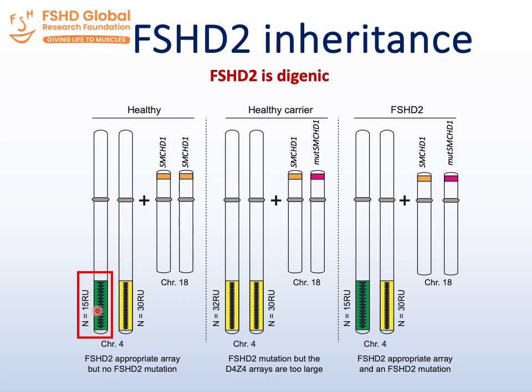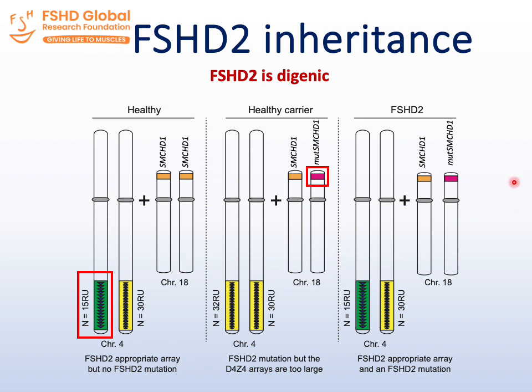It actually doesn't matter what size; you could have one that's 15 units, you could have one that's 30 units, but you have normal SMCHD1 copies of the gene. However, a healthy carrier would have a mutation in the SMCHD1 gene, but they don't have FSHD2 because their second component, the D4Z4 repeat array, is too long. In this case, 32 and 30. You need to be less than 20 repeat units in order to have FSHD2.